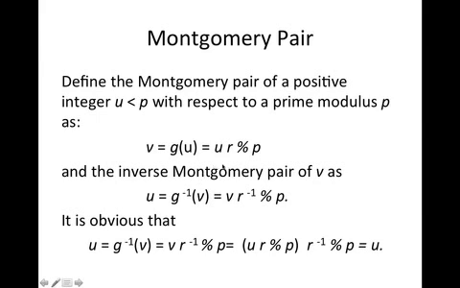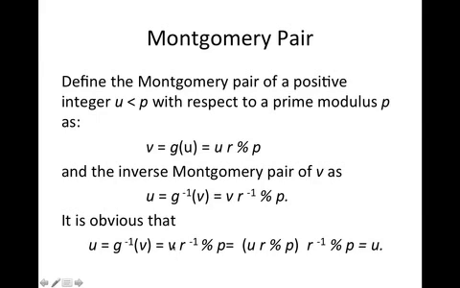And so we also define what's called the inverse Montgomery pair of v as that number u, where v is multiplied by r inverse. So now we can actually go between the two. That is to say, u is actually equal to g inverse of v. That is, it comes from v, but it is defined by this product, mod p.